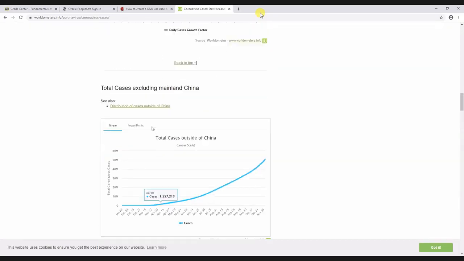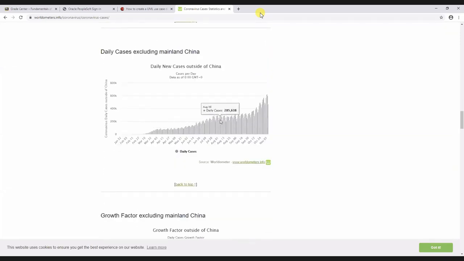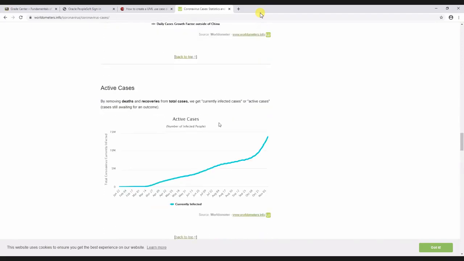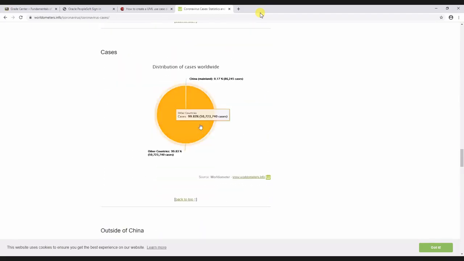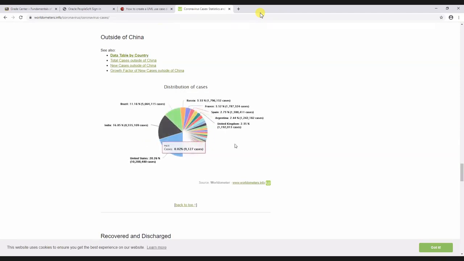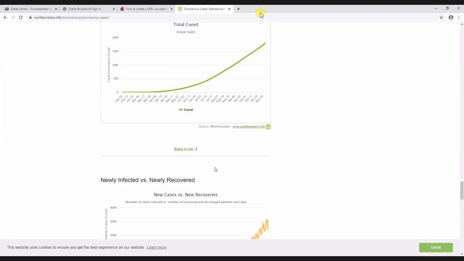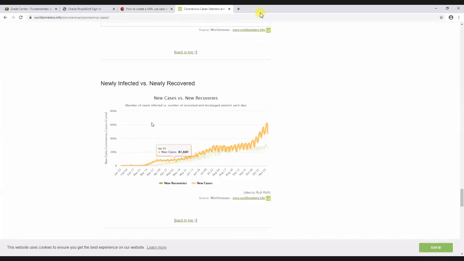Total cases excluding mainland China, another analysis. Active cases, a different graph here. See this one, outside of China, country-wise, the whole world. Discharge, recovery, newly infected and newly recovered, different analysis.